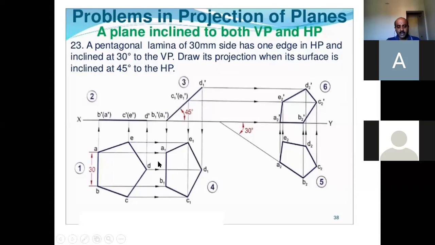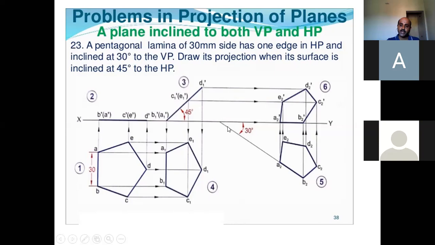This diminished pentagon, the top view of the second position, has to be shifted here such that A1 and B1, the edge resting on HP, should be inclined to VP at 30 degrees. So how to shift this and satisfy that condition?